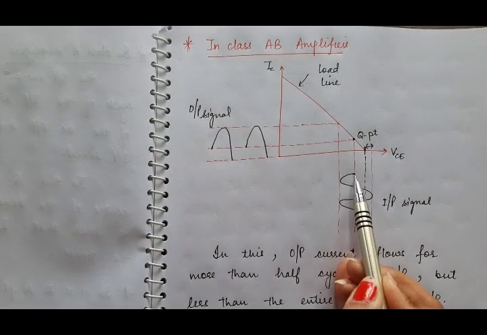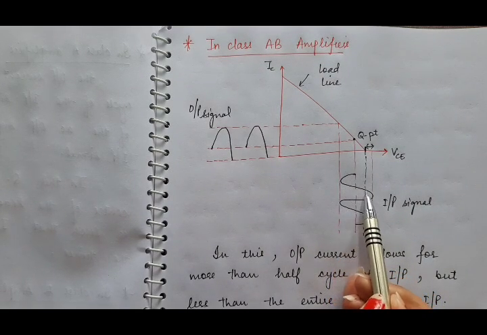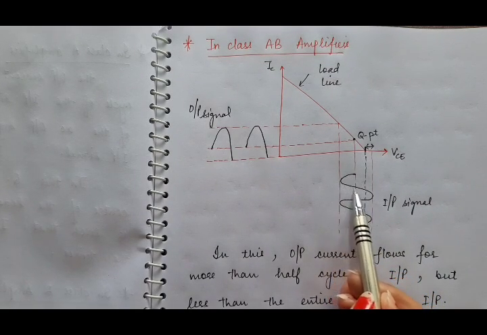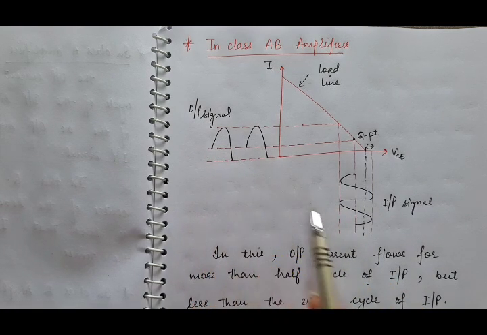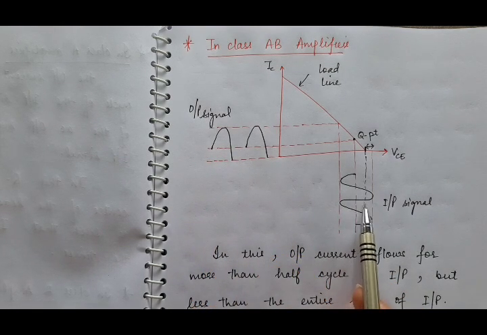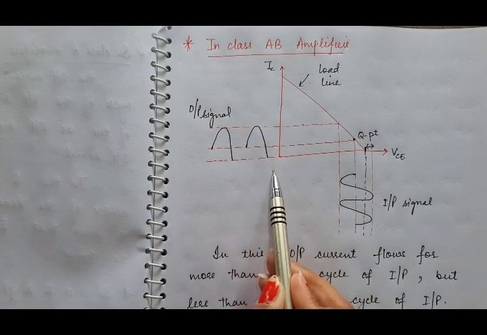So you can see corresponding to this portion which lies above cutoff, we have output signal, and similarly corresponding to this portion, again we have output signal.